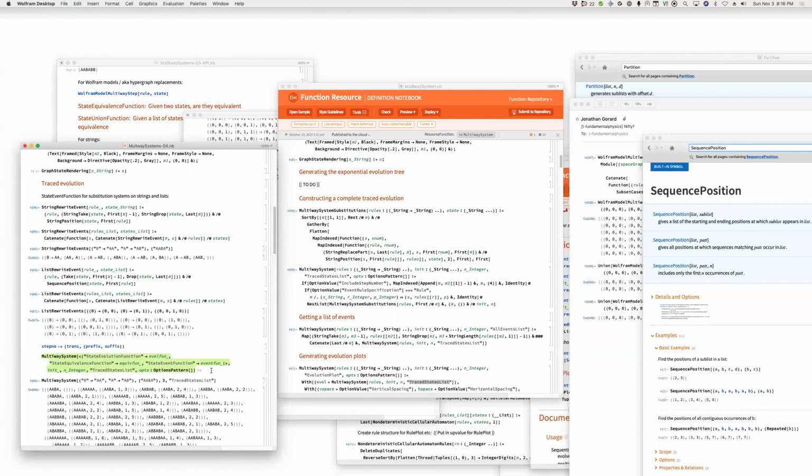So oh, right. So this is, in fact, our state event function for the case of, you know what I'm saying?